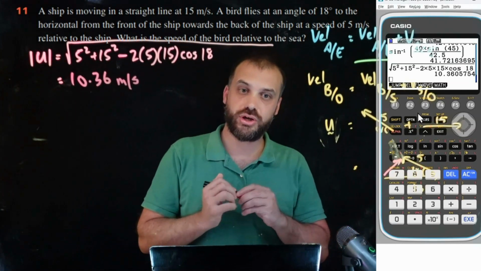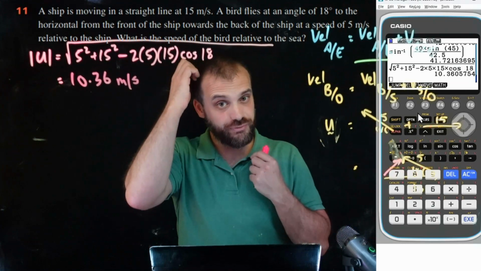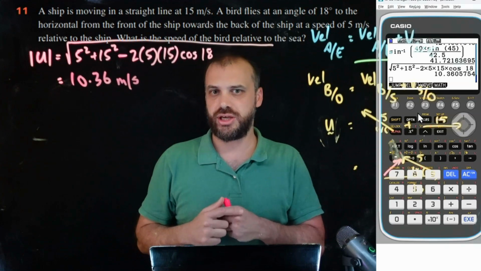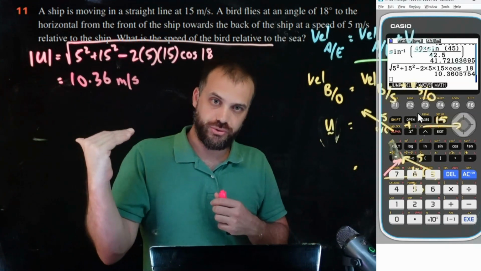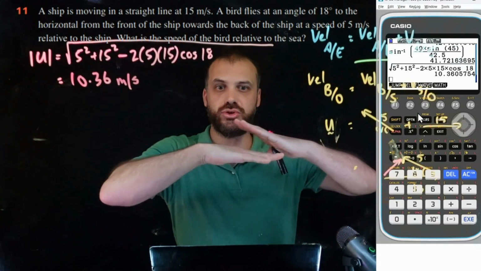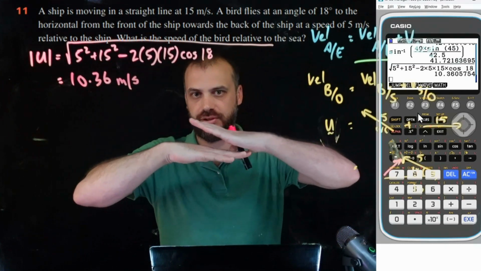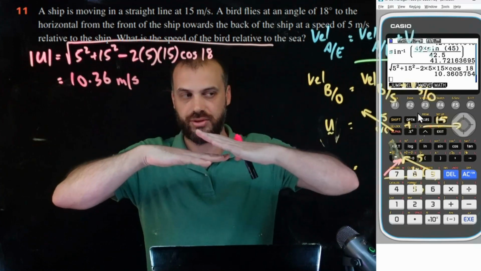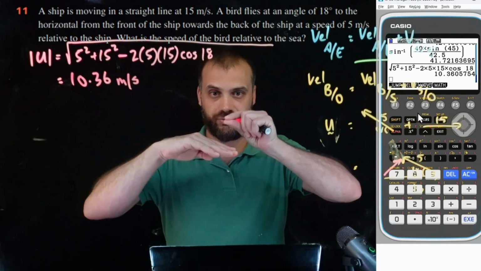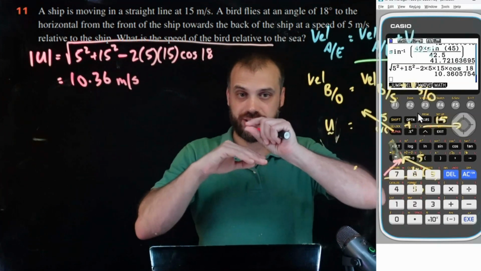Okay, so again, these relative velocities, something relative to something else, not relative to the Earth, are really hard to get your head around. If you're on the boat traveling at 15 meters per second and it looks to you like the bird is traveling 5 meters per second that way, then roughly speaking, the bird is traveling 10 meters per second relative to the sea.